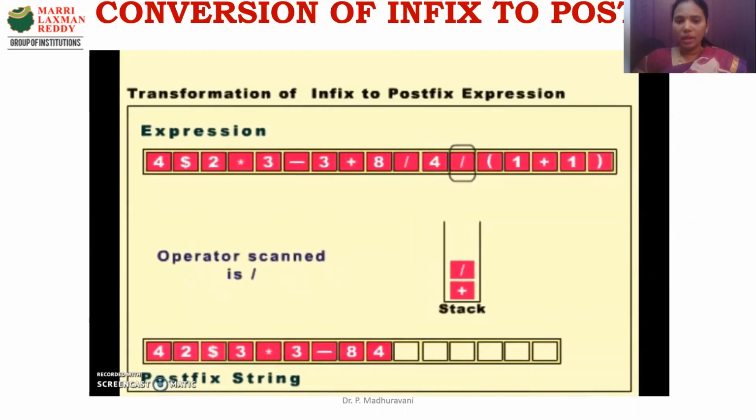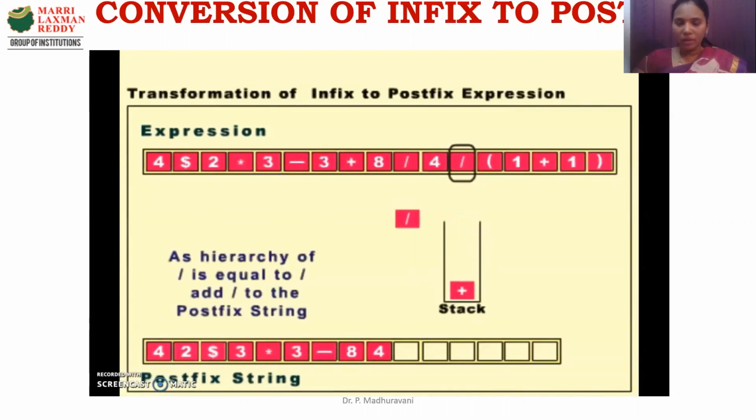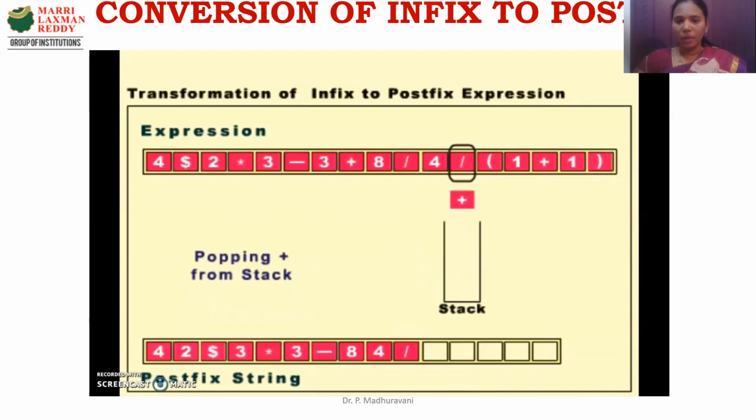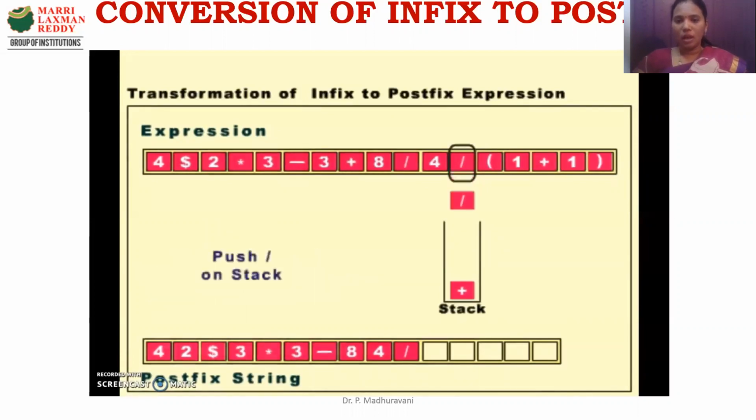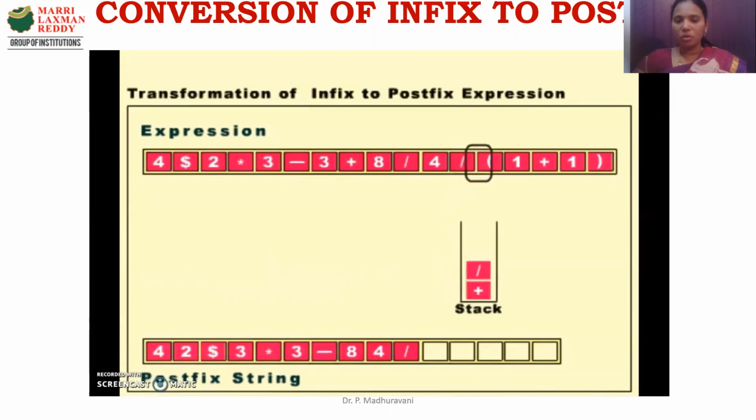The next symbol is the division operator. The top operator is the division, which has equal priority, so you need to pop it and display it and then push the scanned operator onto the stack. While pushing, again compare the precedence with the top operator, that is plus, which is lower, so simply push it onto the stack.